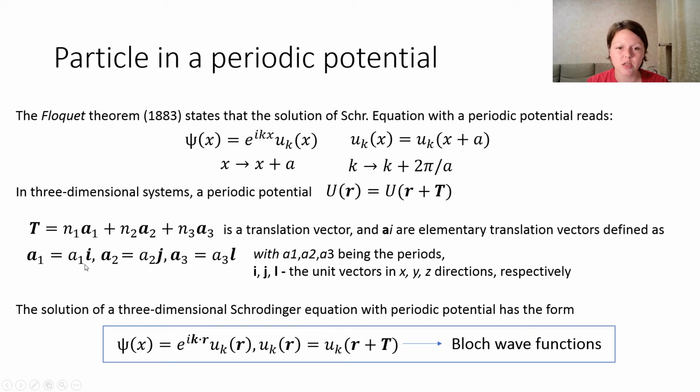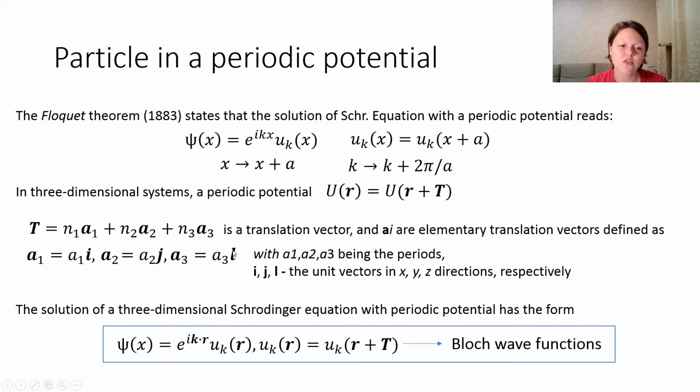The unit vector i is parallel to the x-axis direction, the unit vector j is parallel to the y-axis direction, and the unit vector k is parallel to the z-axis direction. And the numbers a1, a2, and a3 are just periods.